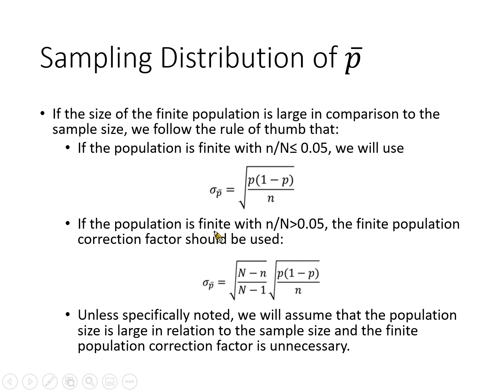But if the population is finite and the sample size divided by the population size is more than 0.05, then you should use the finite population formula to calculate the standard deviation. Unless specifically noted, we usually assume the population is large in relation to the sample size and the finite population correction factor is unnecessary. That means we usually view it as infinite unless the question tells us it is finite.